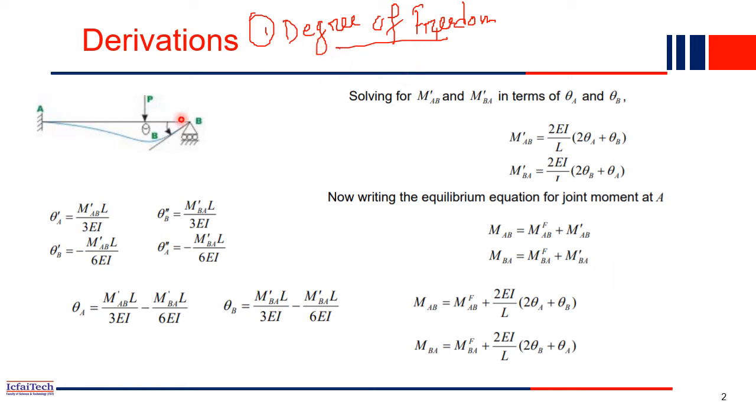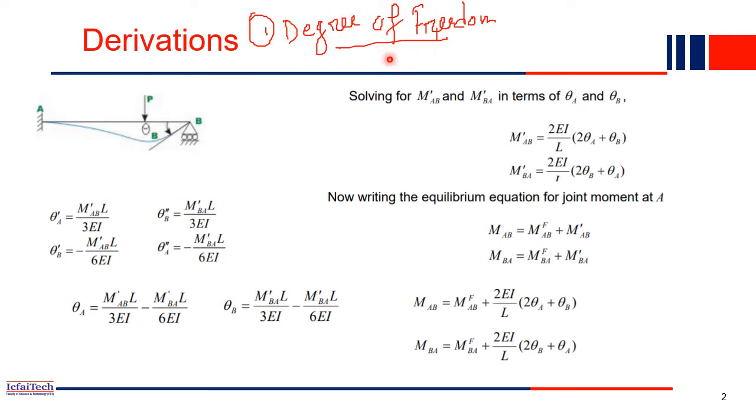So the structure consists of many joints, right? Each joint can rotate or can move in any direction. If you look into any 3D structure, or even in a 2D structure, each point can move into any direction freely. That we call a degree of freedom.